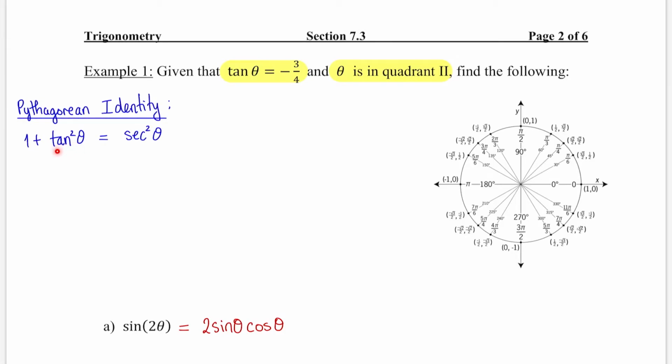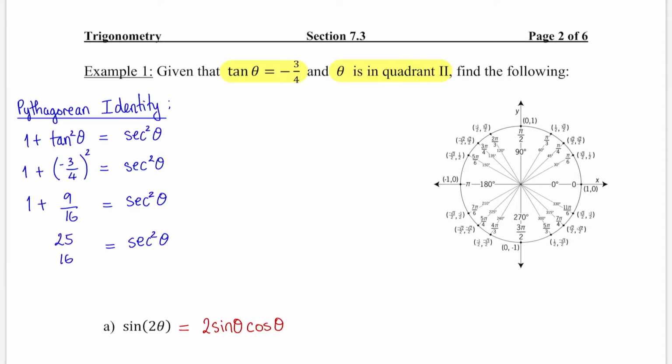My tangent is negative 3/4, so I'm going to substitute negative 3/4 in here. Negative 3/4 square is 9/16. 1 plus 9/16 is 25/16. And I'm taking the square root on both sides to solve for just secant.